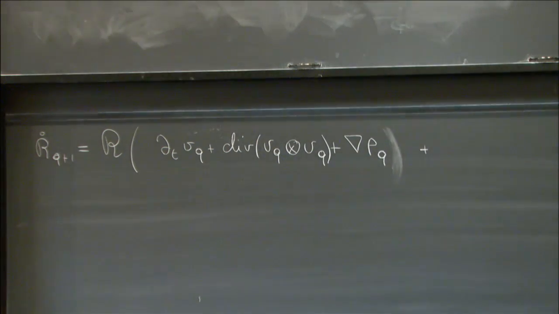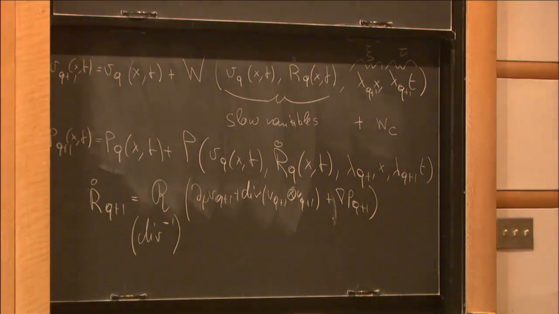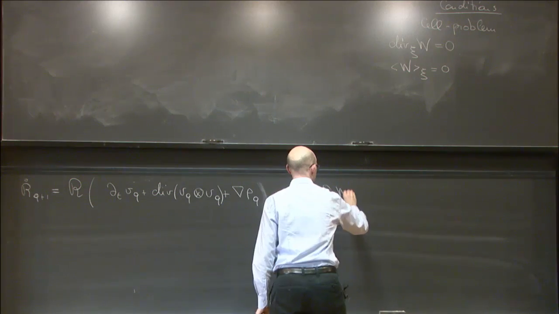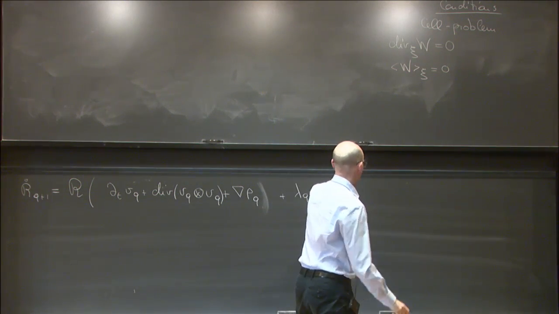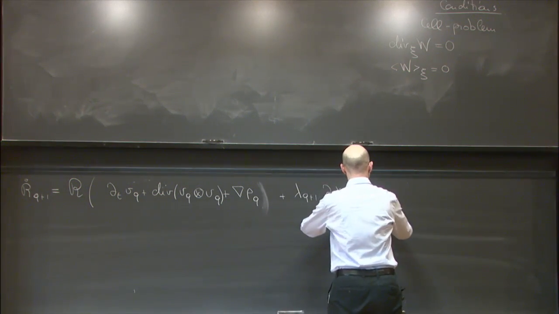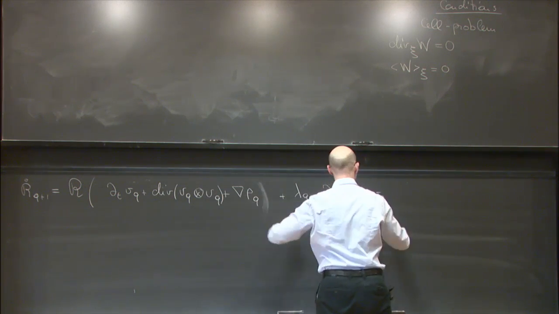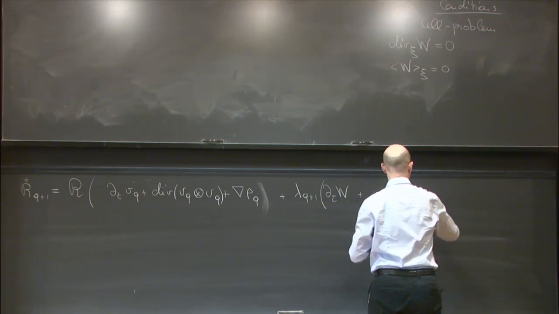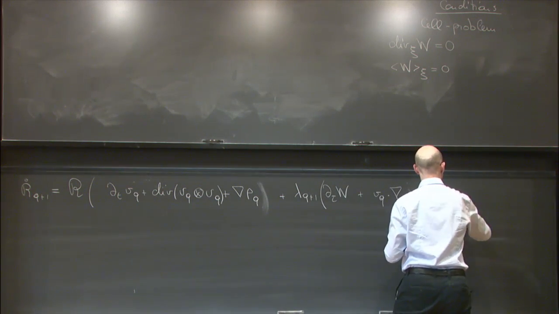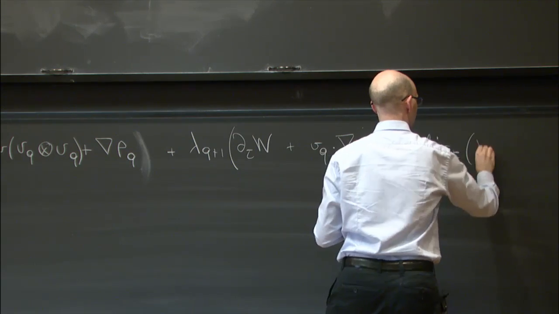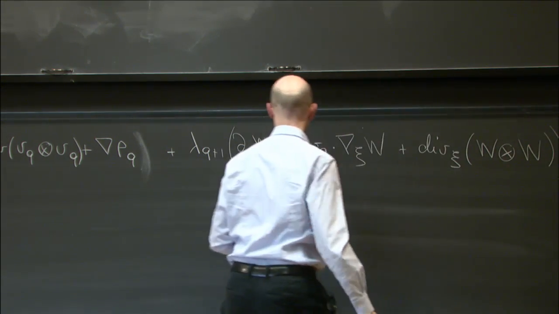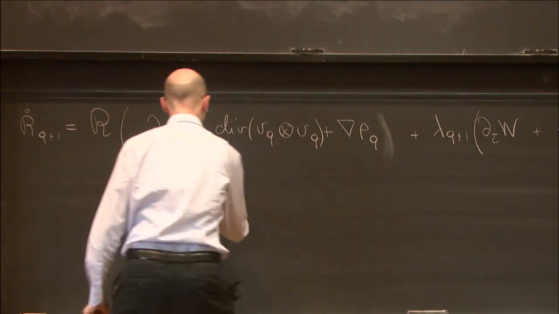So I will have something like fast variables and then fast derivatives of w. So there will be a term like this. Then since I have a nonlinearity, I will have something like this. And then I will have this term. And then I have slow derivatives.